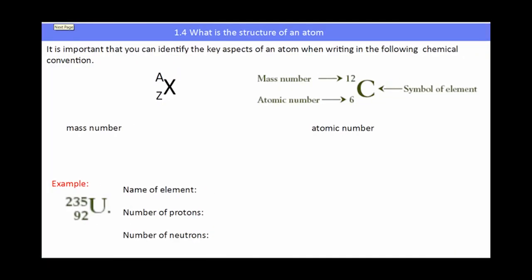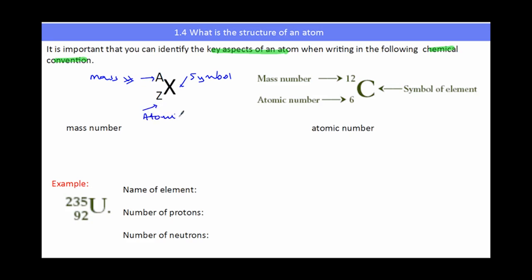Now we need to be able to represent atoms in a very specific way so that we can work out the number of protons, number of neutrons, and number of electrons. So we have this convention where we have X, which is the symbol for the element. We have A, which is known as the mass number. And we have Z, which is the atomic number.